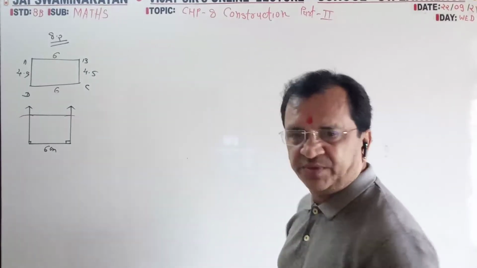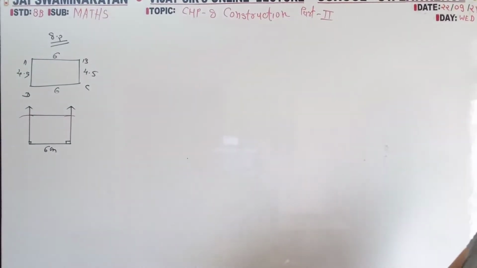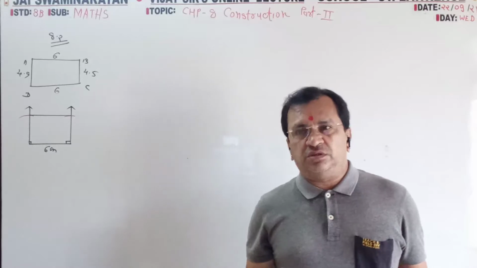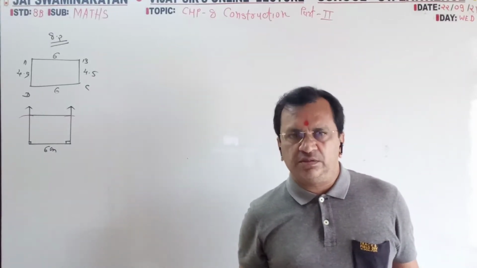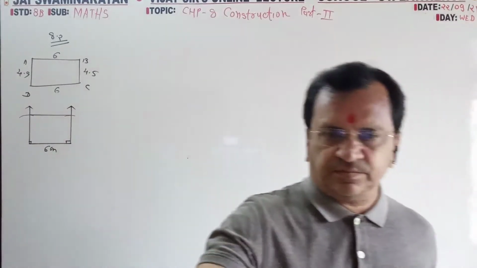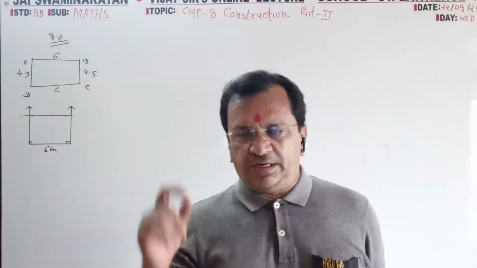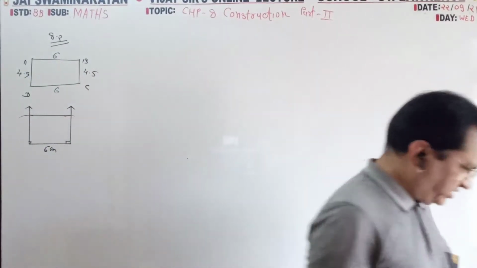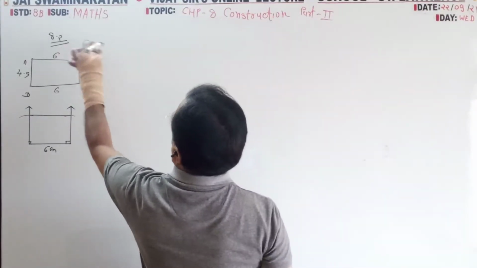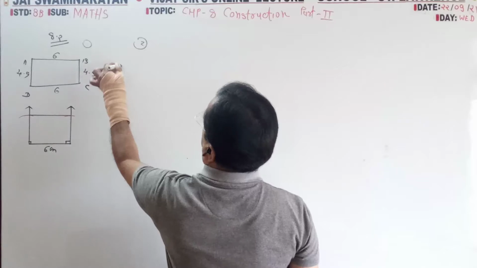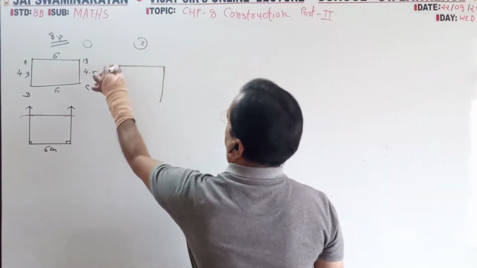Someone is disturbing. Okay, next, draw a square. Now draw a square with 5.2. This is the first square.